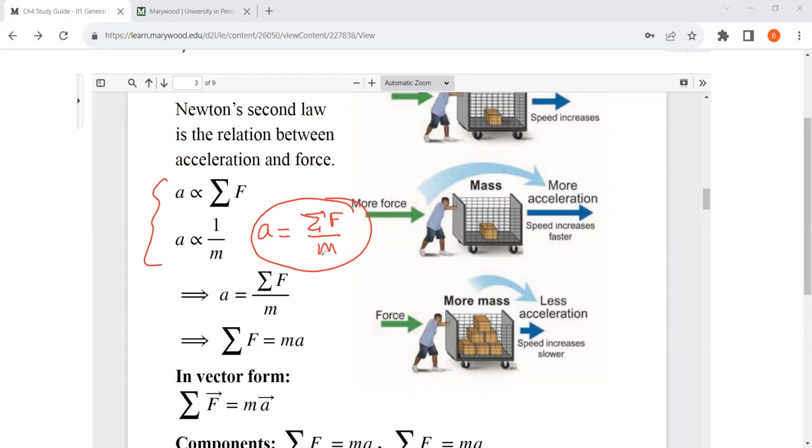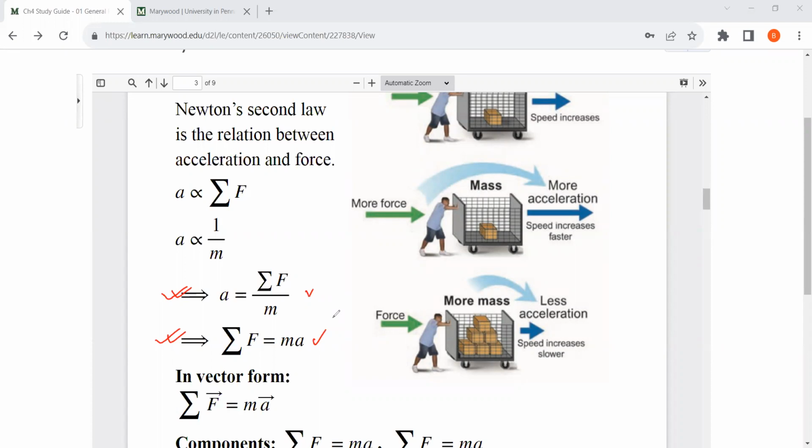Now we can simplify one more time to write the equation as F equal to ma. If you multiply both sides of this equation by m, you get F equal to ma. This is basically Newton's second law of motion. Both forms are used for Newton's second law.